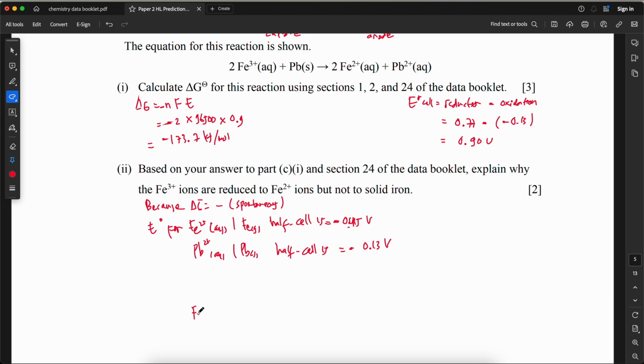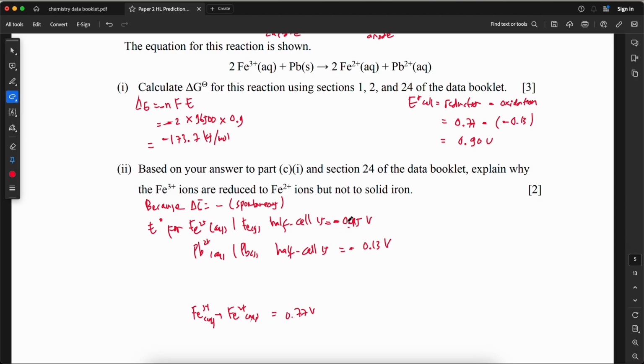If Fe3 plus becomes Fe2 plus, aqueous, the half cell is 0.77 volt, right, which is more positive than Pb2 plus and Pb. Because it is more positive, it will make the delta G negative. But if it's less positive, like Fe2 plus and Fe solid, it will not be able to reduce.